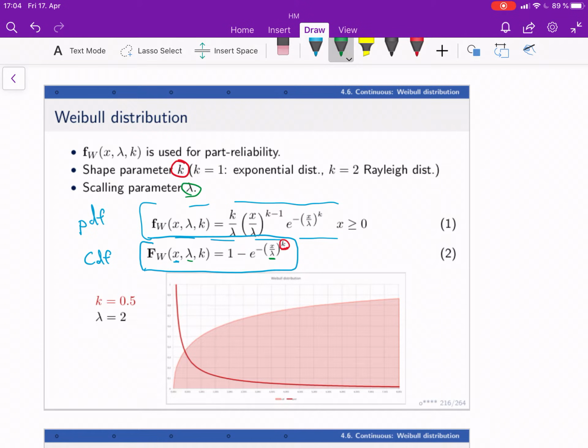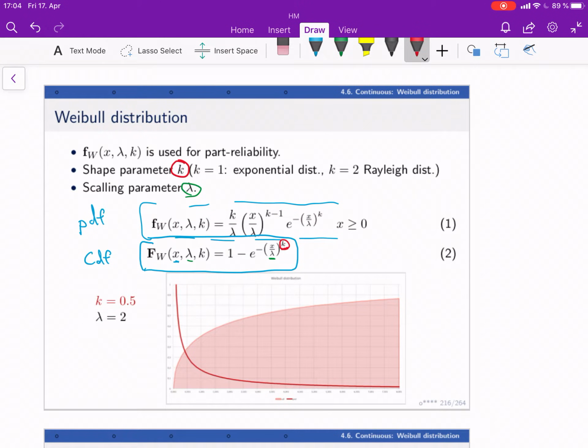Think of the scaling parameter just as something where we can stretch and compress the distribution. So not much to be said about that. It's just for matching it to whatever data you've got or what you want to model. The more interesting one is the k.